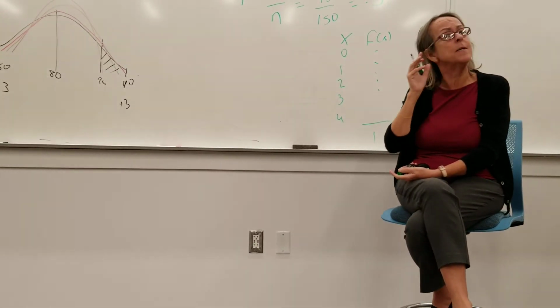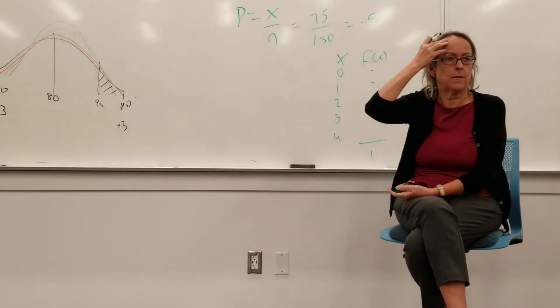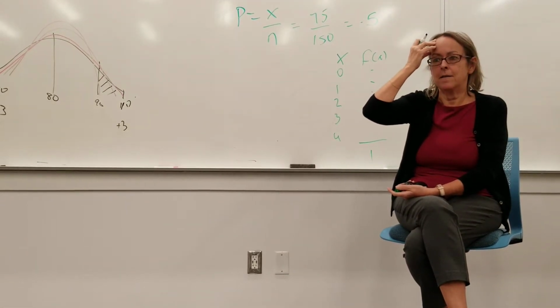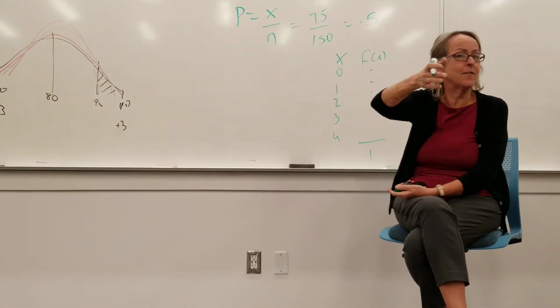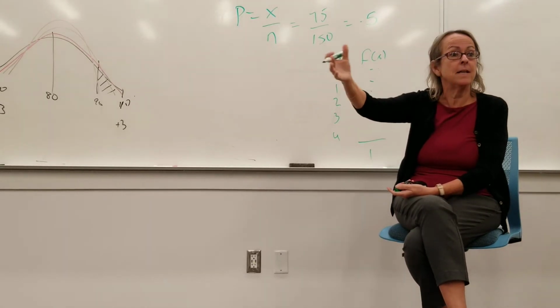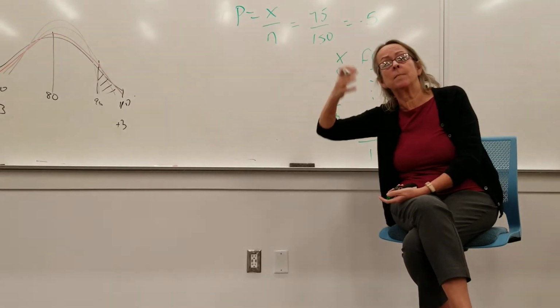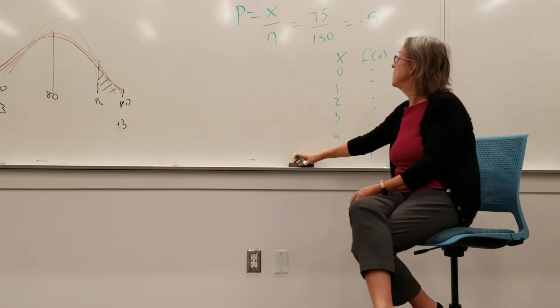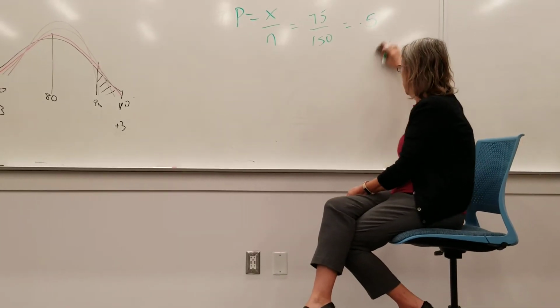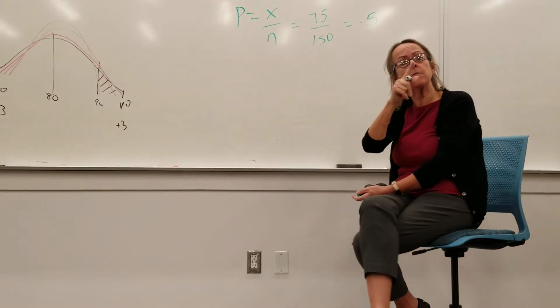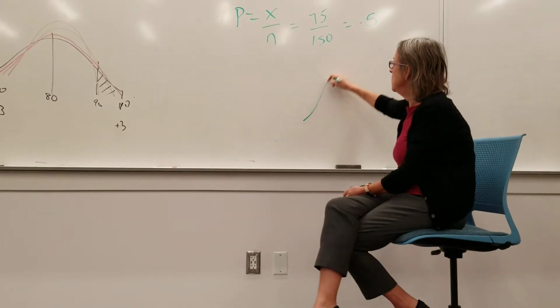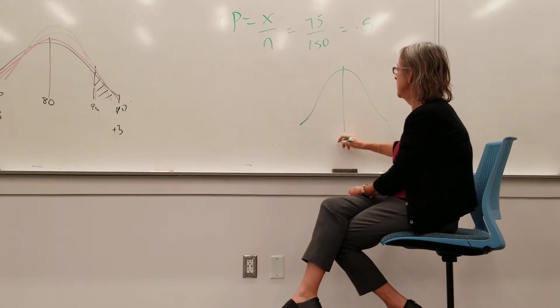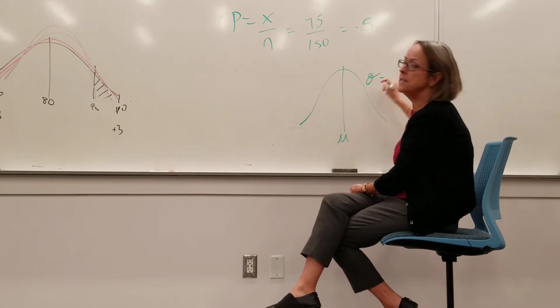In chapter 6, we didn't feel like we wanted to list all of them. Why not? It would take forever. They were like infinite, right? So how much gas do I buy when I go to the gas station? Could be many, many infinitely different amounts. So in chapter 6, when I asked you for a probability distribution, you needed to draw it, mark on the mean and the standard deviation, right?